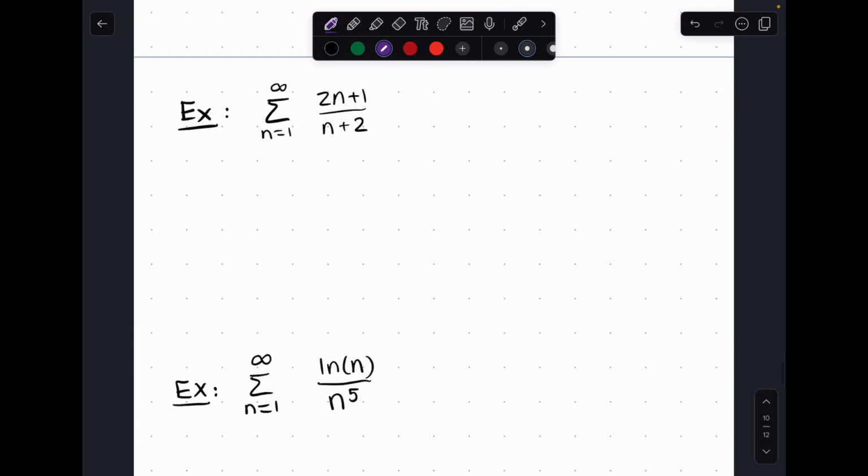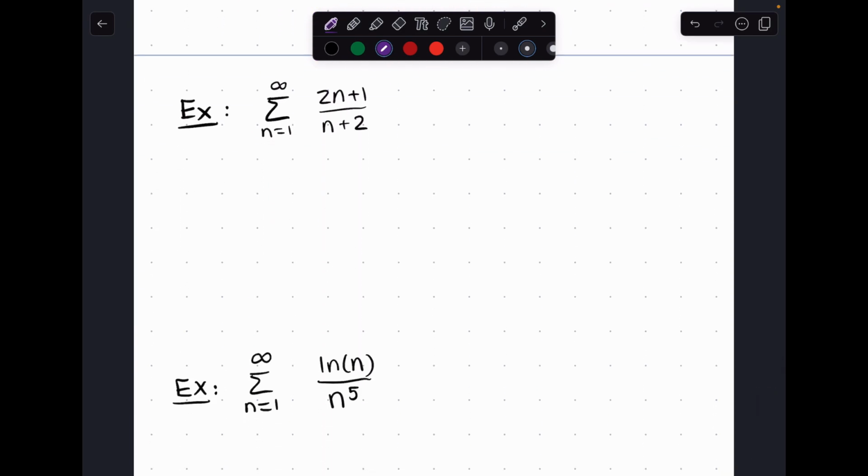All right, so we have some different examples. I would suggest that you pause the video before watching my explanations. With some of these, if you don't see the test to use right away, you're going to have to start applying some, and if they fail, then you pick a different test. And if it works out, then it works out, and that's great.